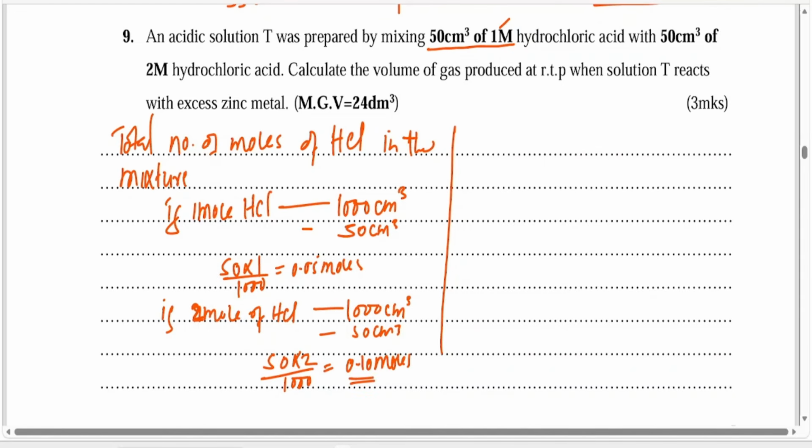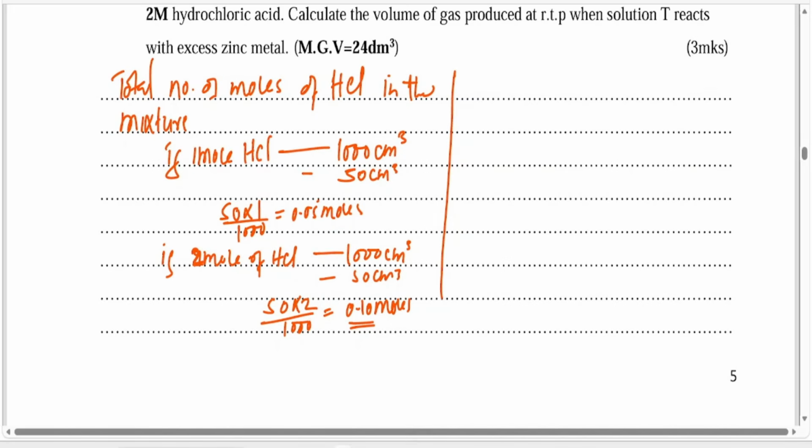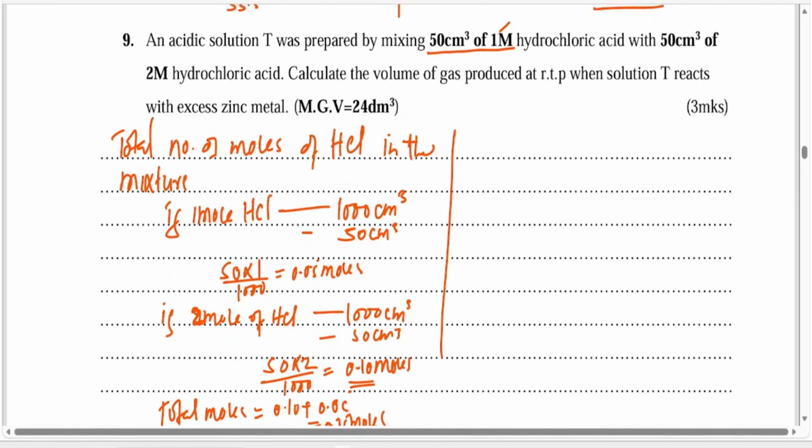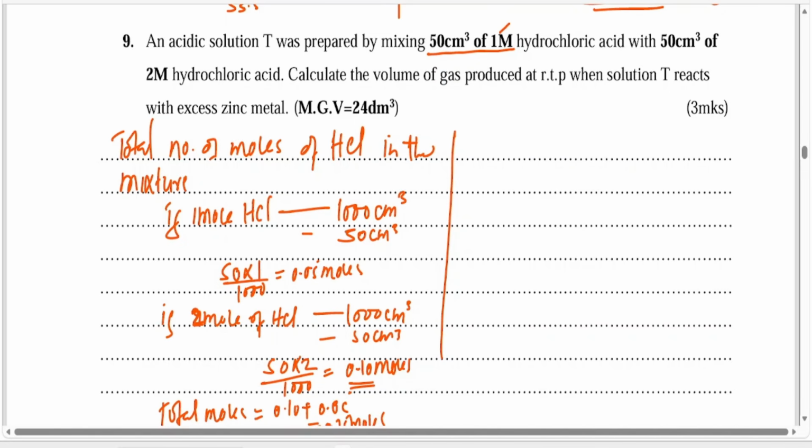So to get the total moles of the acid, we take 0.10 plus 0.05 and we obtain 0.15 moles.